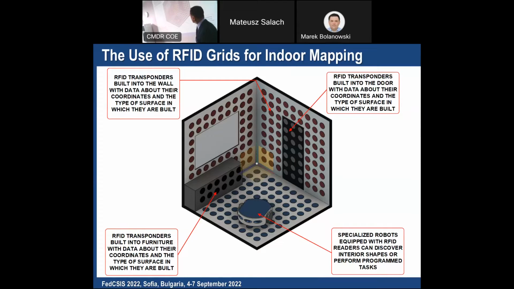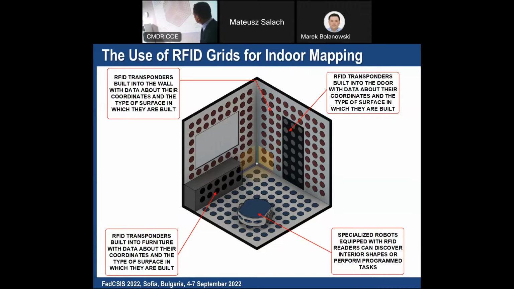And also some equipment in the room may be also covered with the transponders. A mobile robot moves across the space and communicates with the transponders by reading their data or writing to their memory.